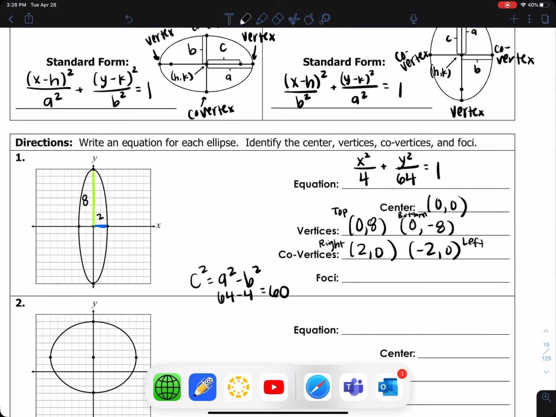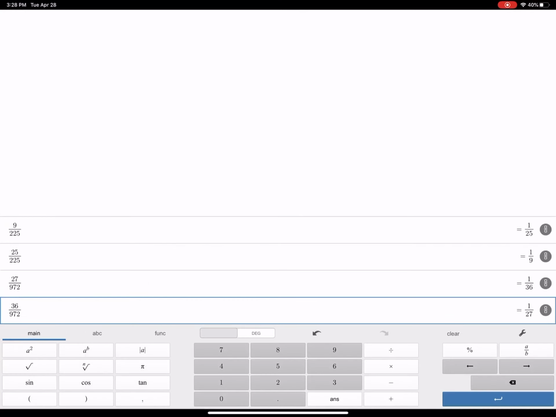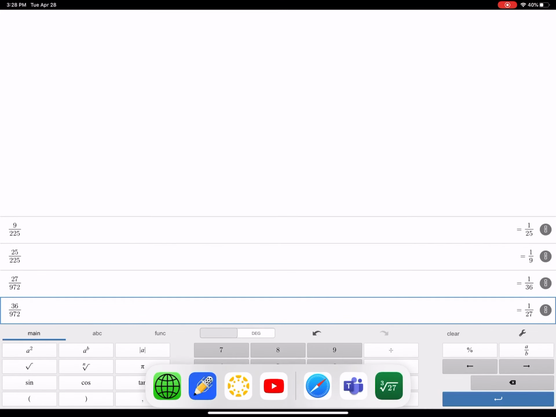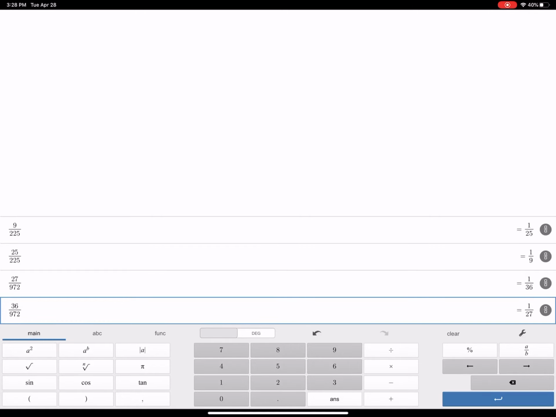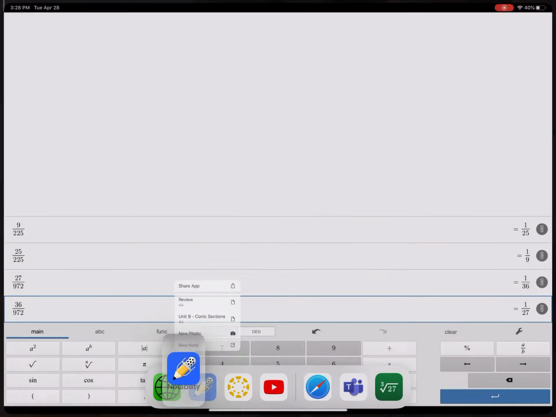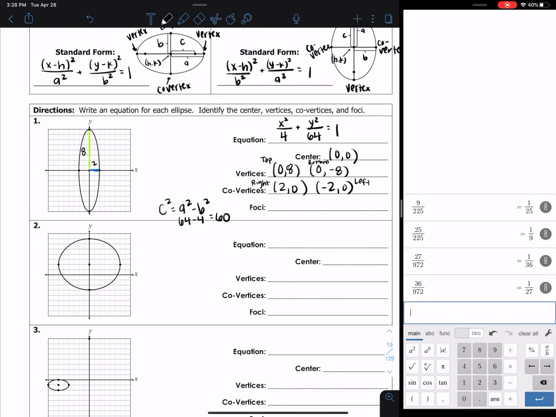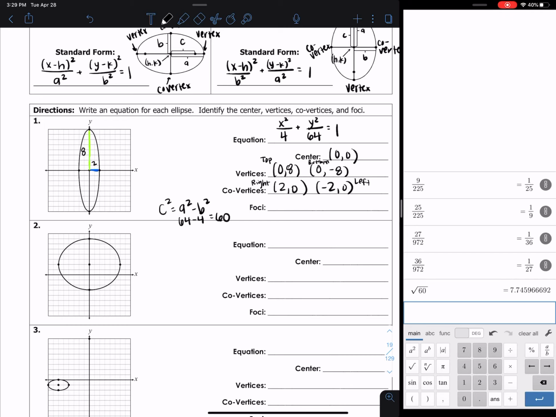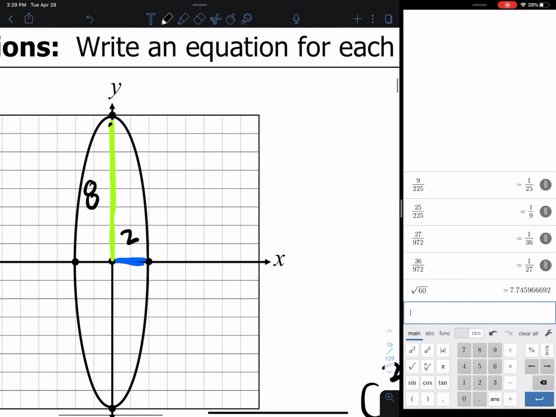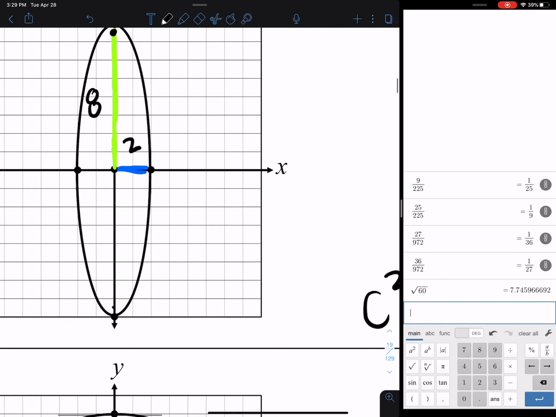Nope, that's not what I want. Okay, we're going to go here and put this over here. Okay, there we go. So we want the square root of 60. This is 7.7. So 7.7, that would be like up here and down here.